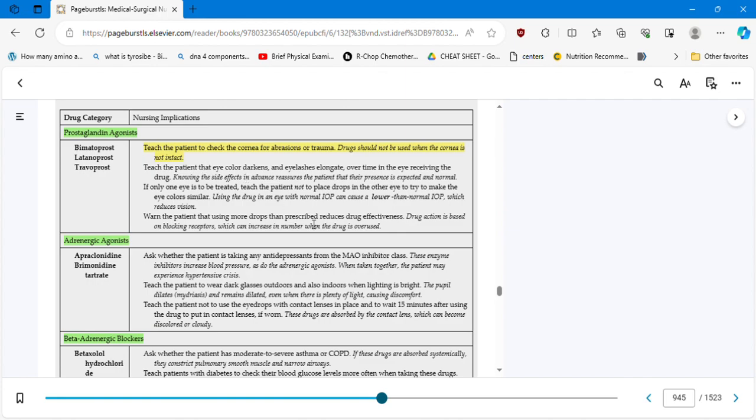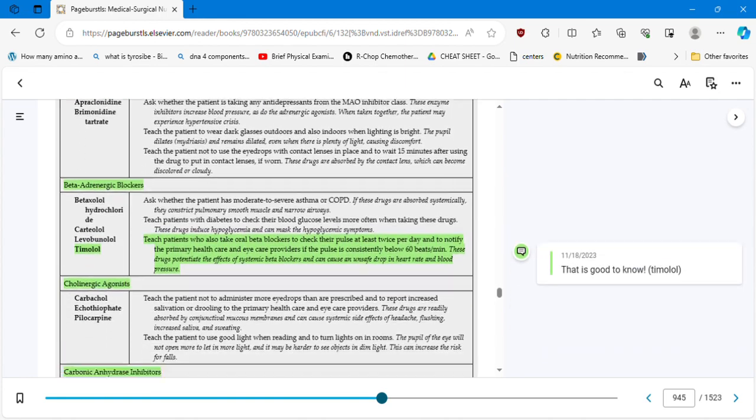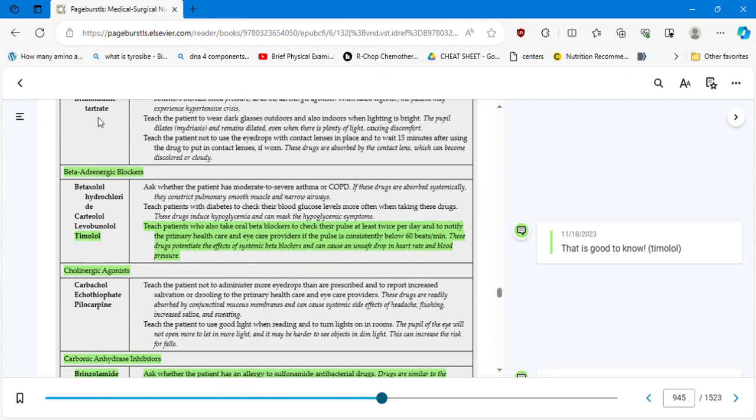Okay. Your timolol, for example, your beta adrenergic products, your timolol, or your lols. You need to check your heart rate and blood pressure, right?